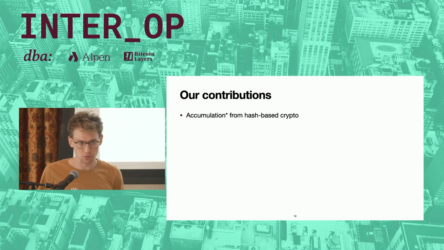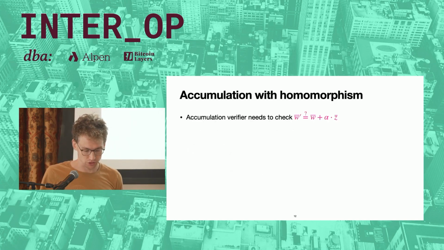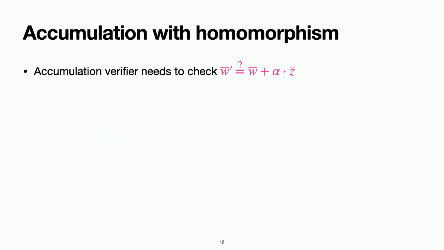The reason why this is interesting is, I'll go to the next slide and show you. What does accumulation in the past rely on? Essentially, all that the accumulation does is it takes a random linear combination between the current proof and the current accumulator. I have two strings, one that corresponds to the current proof and one that corresponds to the current accumulator, and I take a random linear combination between them.